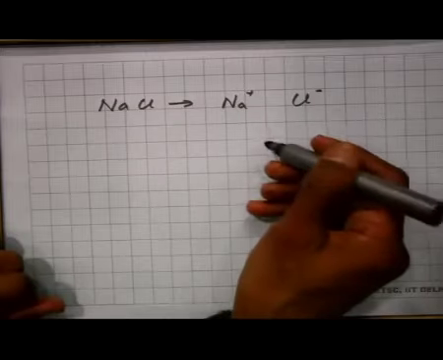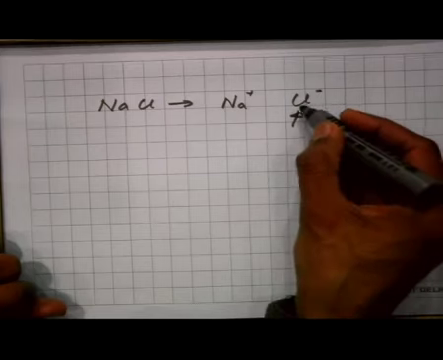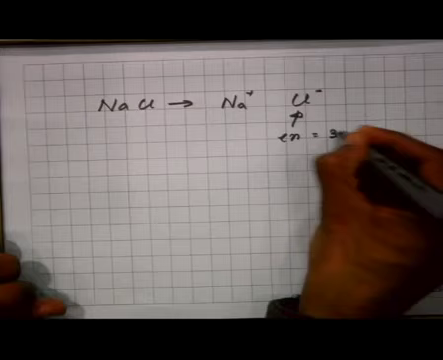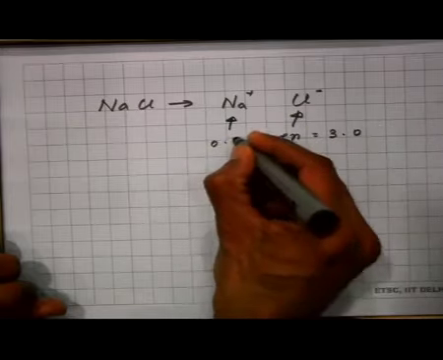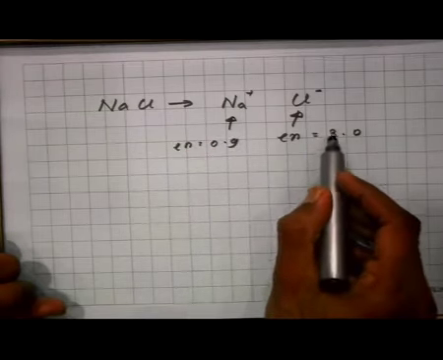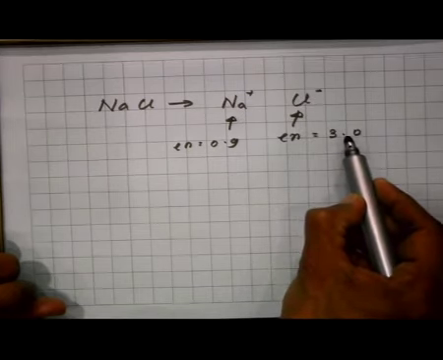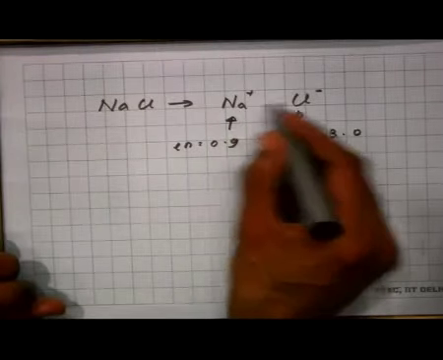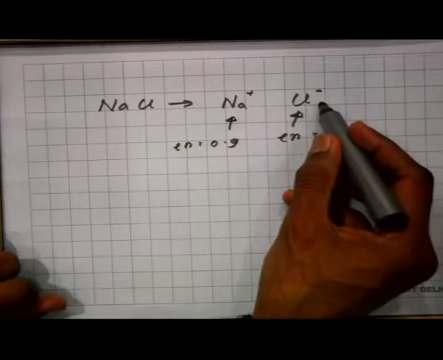The reason it exists in this form is that the electronegativity of chlorine is 3.0 and the electronegativity of sodium is 0.9, which means that chlorine has a tendency to pick up an electron because this electronegativity value is high. So, in the solid state we expect that sodium chloride would exist as Na+ and Cl-.